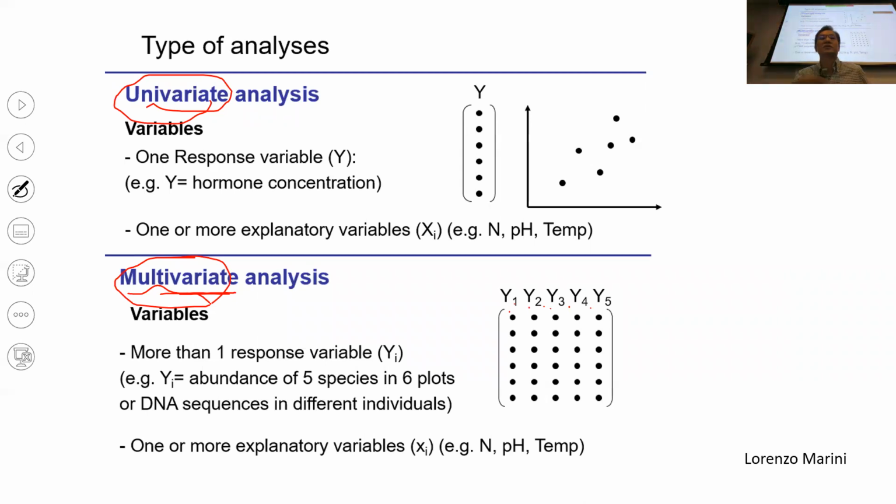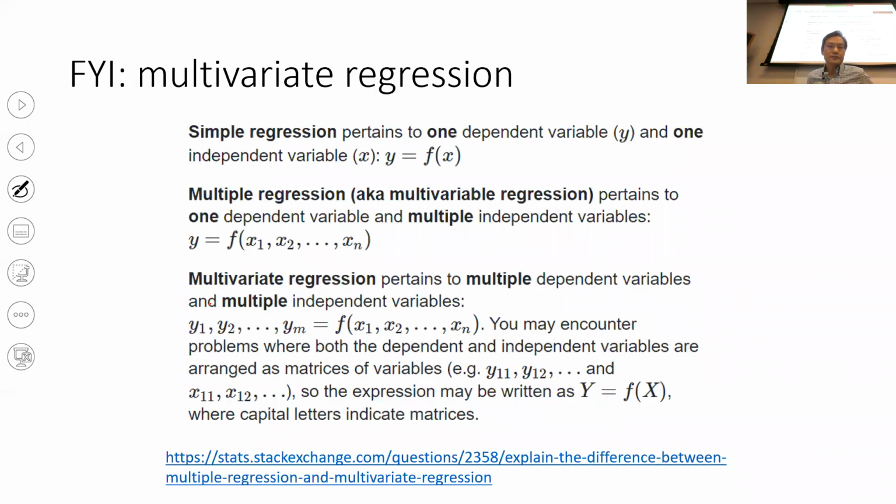So don't be confused by multivariable and multivariate. This slide just wants you to make sure you know this. They are not interchangeable, so when you write your abstract or something, make sure you know what that means. If you really mean you want to do multivariate regression, then you use that term.